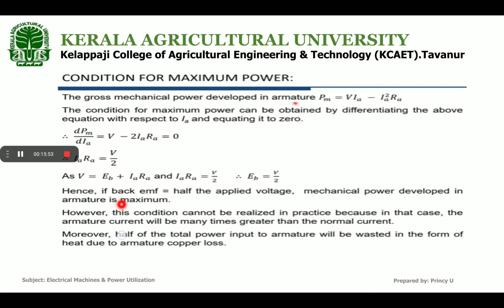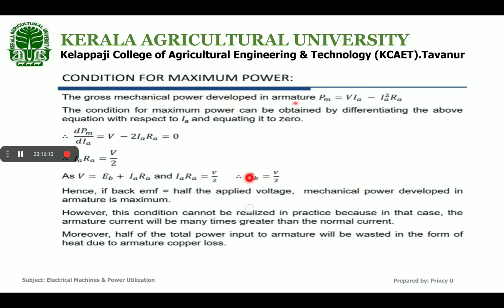Actually, it is not practically possible, because there are two reasons it is not practically realizable. This condition cannot be realized in practice, because in that case the armature current will be many times greater than the normal current.